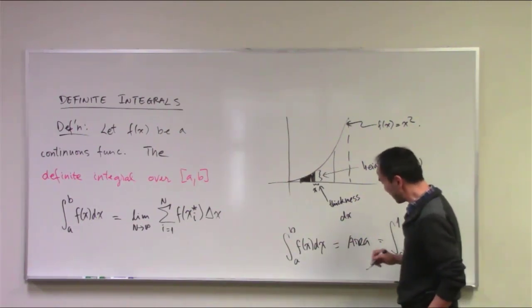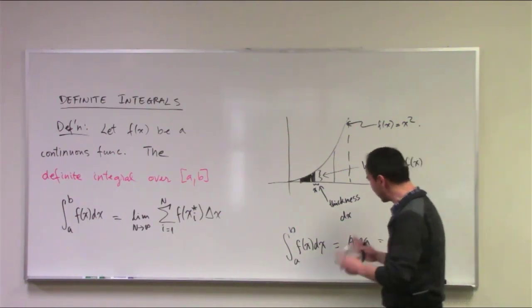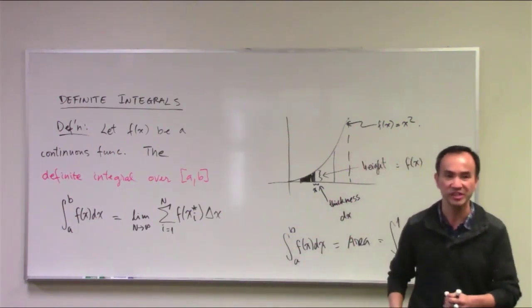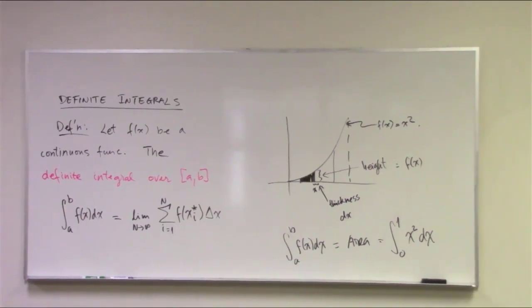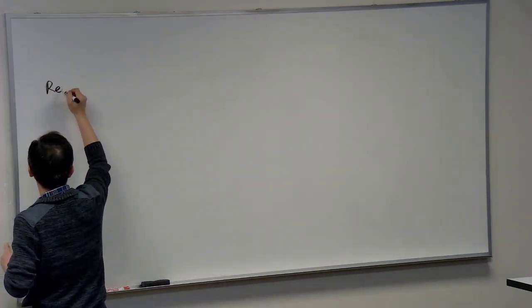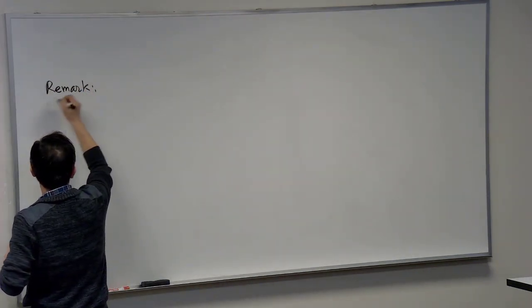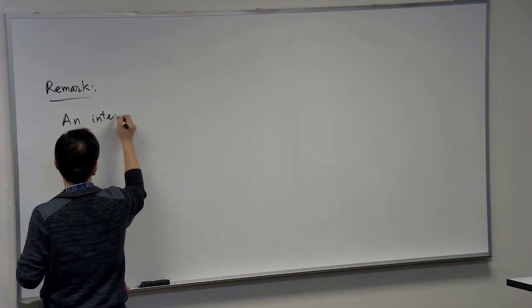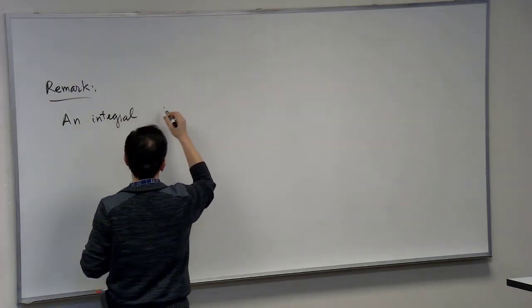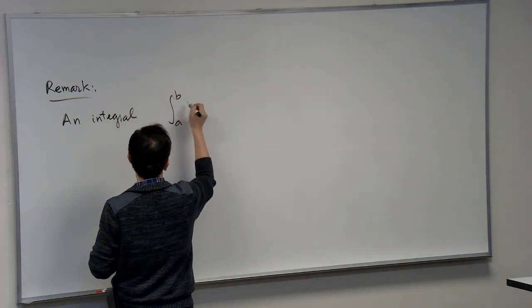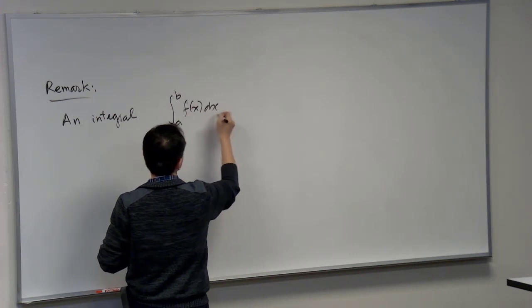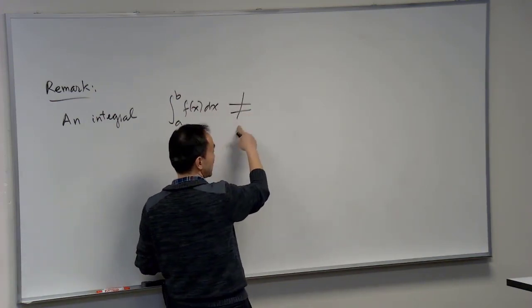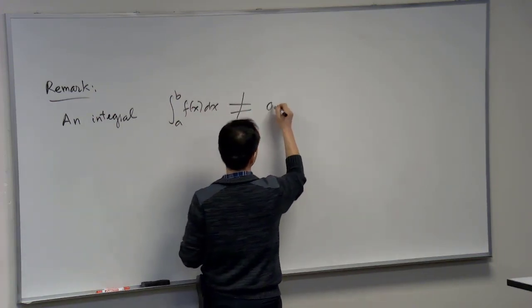But I have to emphasize one thing: area is a good place to bring in to illustrate the idea, but we have to take one very important remark, which I also mentioned earlier. An integral like this does not always mean an area.